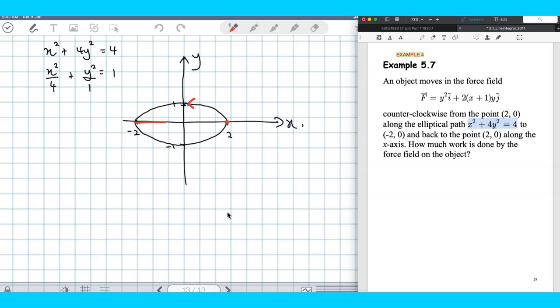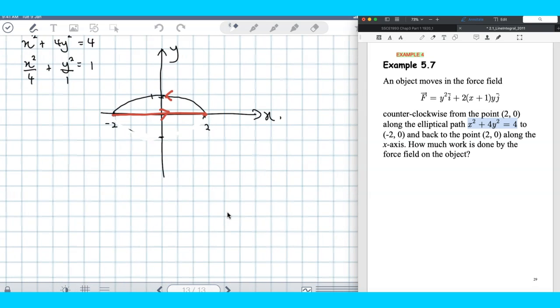So we have the x-axis here. Meaning that this one is not part of the curve. Now it looks like we have two curves, right? So this one is C1 and this is C2.